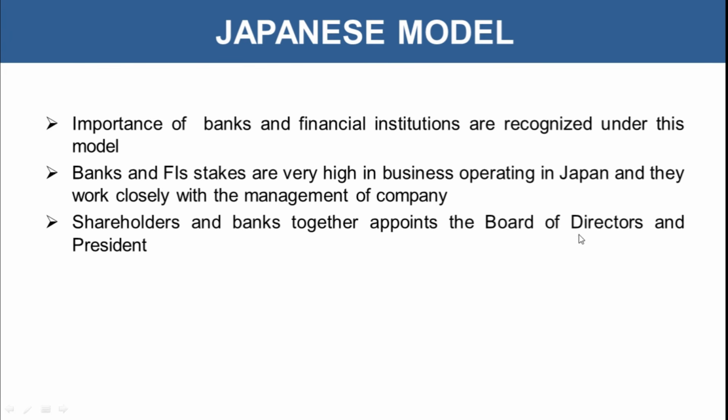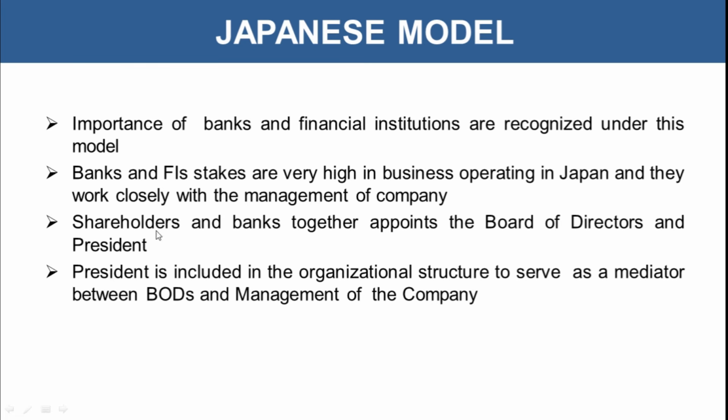Shareholders and banks together appoint the board of directors and president. In the Anglo-American model, shareholders appointed the board of directors, whereas in the German model, shareholders as well as workers together appointed the board members. Here, shareholders and banks or FIs together appoint the board of directors and president of the company.